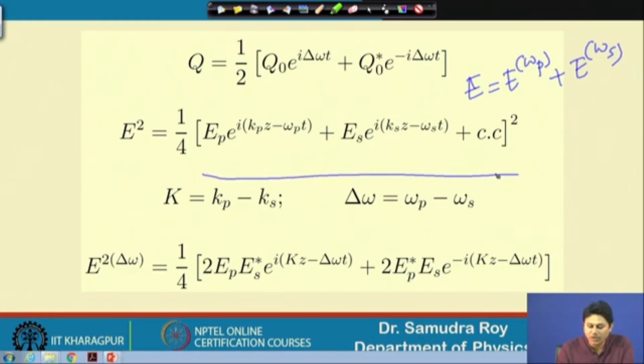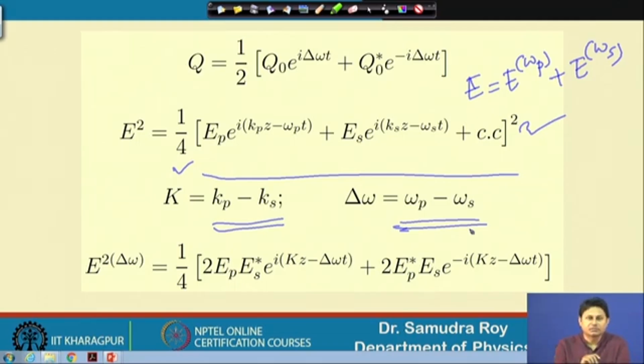Since we are squaring, the half term will be 1/4, E_p e^(i(k_p z − ωt)) as usual, E_s e^(i(k_s z − ωt)) plus complex conjugate, and square of this. Now, I write k as k_p minus k_s and ω as ω_p minus ω_s to make the expression compact.